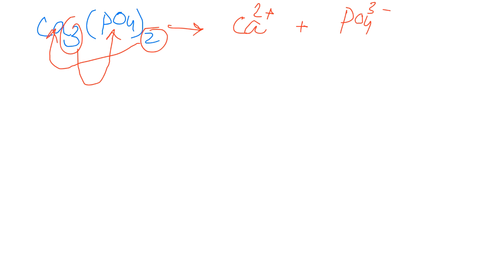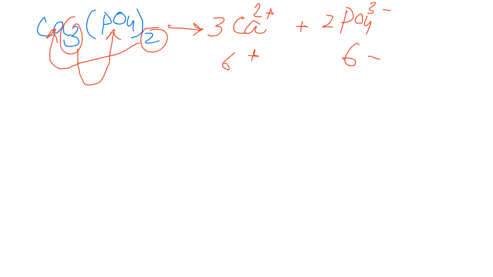But how many calcium you have? 3. So you have to put 3 here, right? And how many phosphate you have? 1. So this 1 already here. So now this is, no, sorry, 2. Phosphate are 2. So you will put 2 here. So now you have the 6 plus charge here and 6 minus charge here.